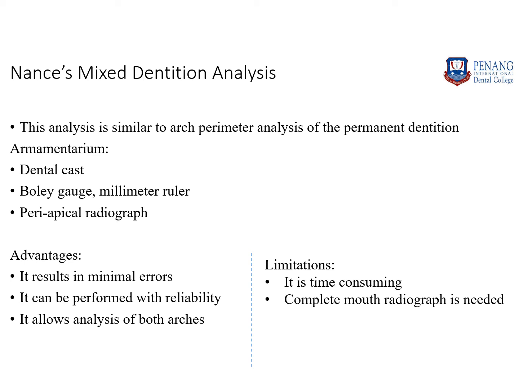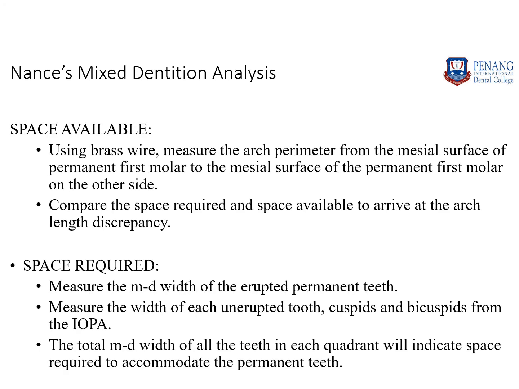It has minimal errors, it can be performed with reliability, and allows analysis of both maxillary and mandibular arches. However, it has one or two limitations, the first one being time consuming, and a radiograph is needed. So if you have a radiograph and if you don't mind the time, you can perform a Nance mixed dentition analysis. So here again, space available and space required.